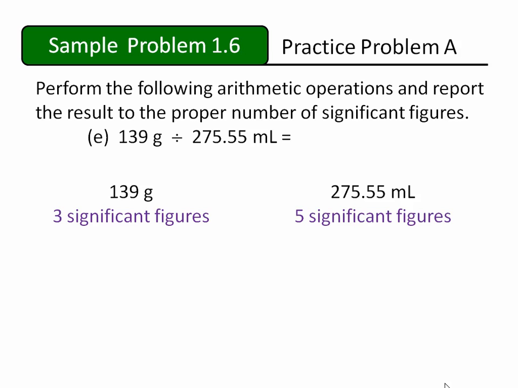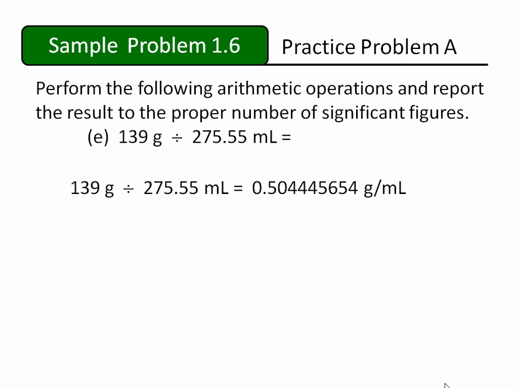The measurement 275.55 milliliters contains 5 significant figures by the same reasoning. As we look toward the solution in this one, we will round our answer to show 3 significant figures, the same as the measurement with the fewest significant figures.